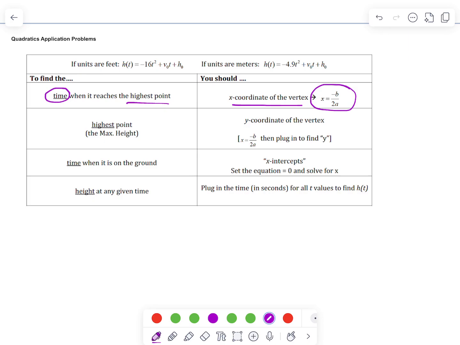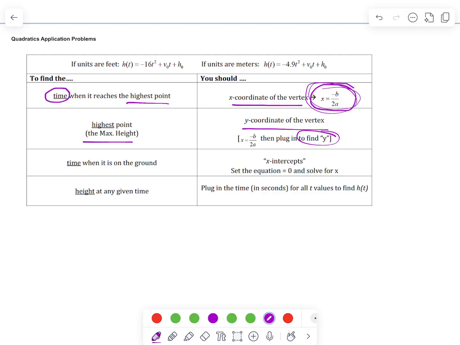If we're asking you to find the highest point, we're asking you to find the max, so we would take the y-coordinate. What you do is substitute the axis of symmetry value into the equation to find y.